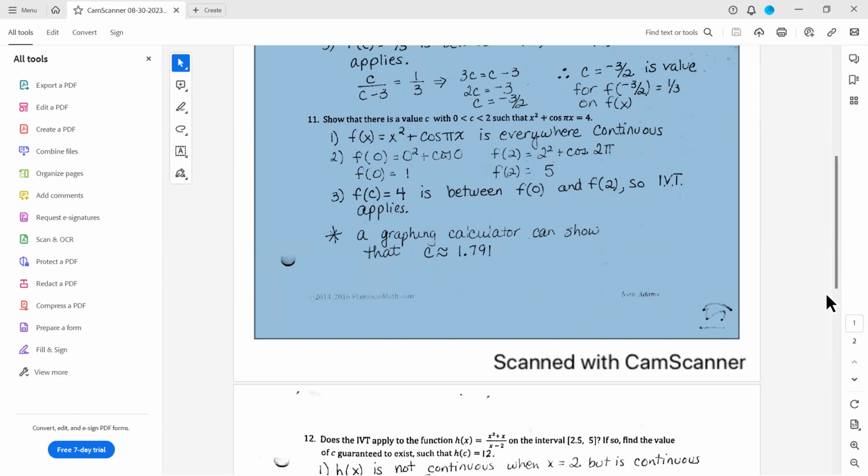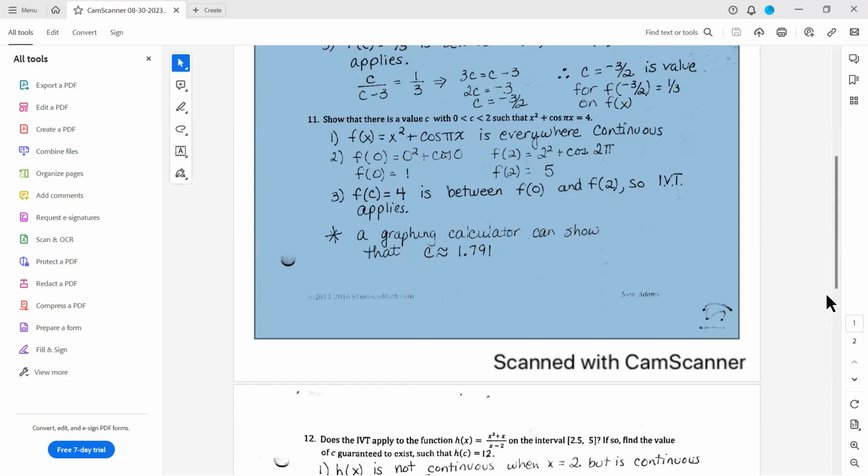Notice, what is the equation equal to this time? 4. It's equal to 4. That's going to be my line. I want to figure out where, because that's my f of c, isn't it? Right. Okay, so she gave it to you a little differently here.